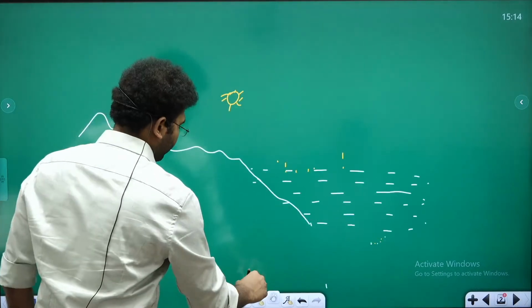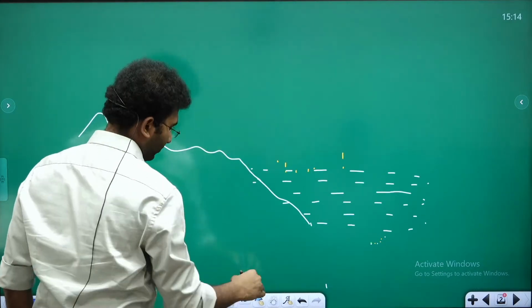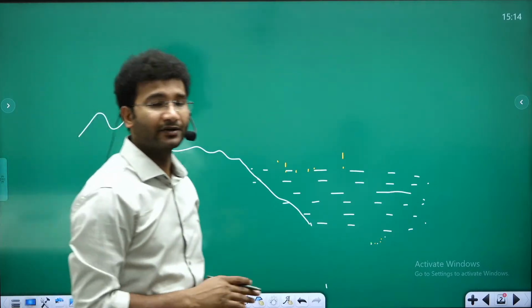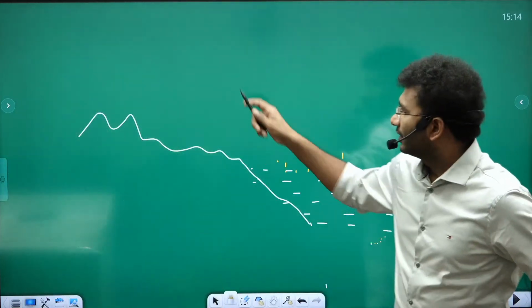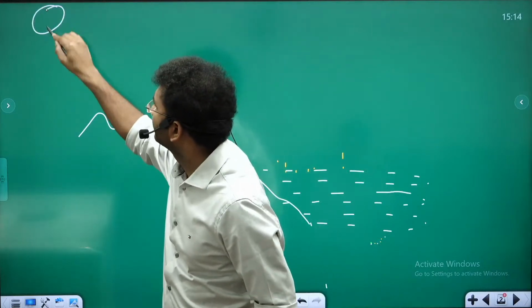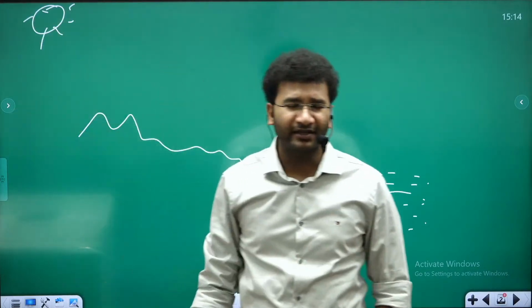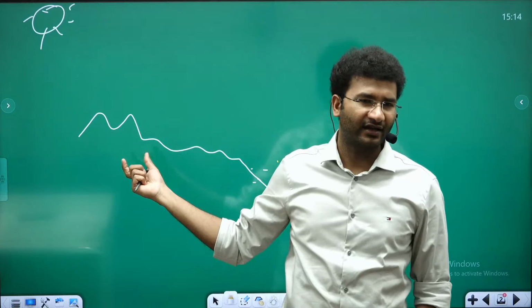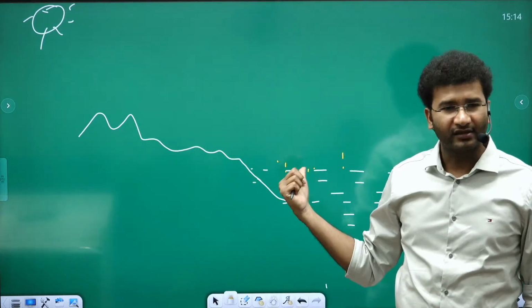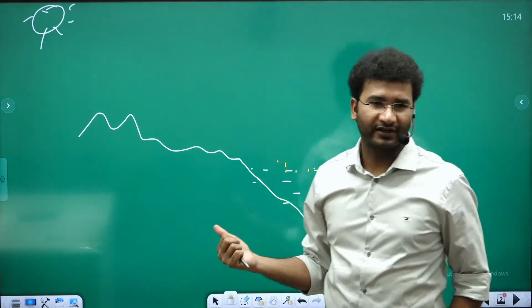So in this case, let us try to understand the case of wind. How does the temperature impact the wind? See, imagine this is your sun. During the daytime, the land gets heated quickly as compared to the water. Why? It is because of the concept of specific heat. What is specific heat?